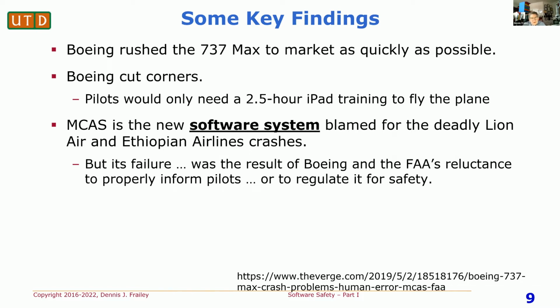So in other words, the fact that it was implemented in software was part of the problem, because there were some software problems. But the other problem was that people didn't implement the safety regulations that they should have.